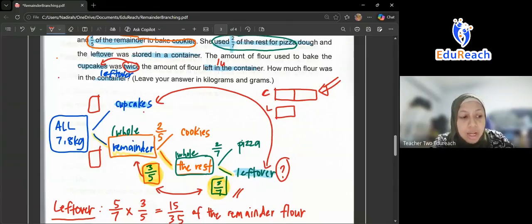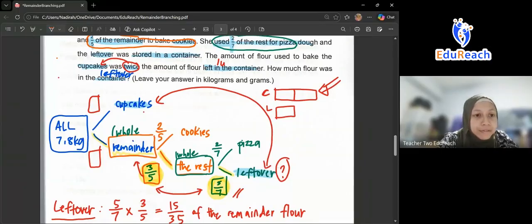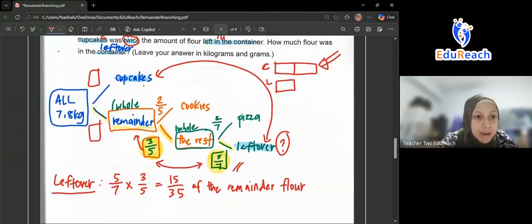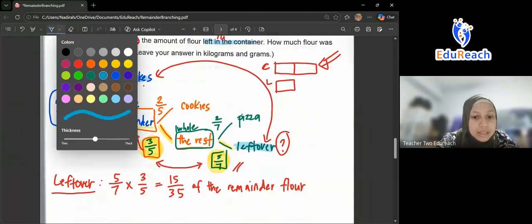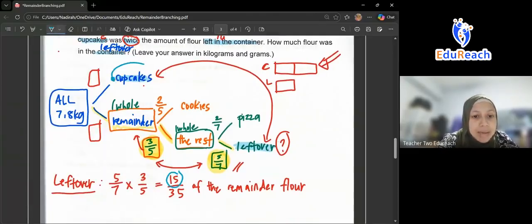So the leftover is 15 out of 35. Remember earlier we said cupcakes is 2 units, is twice. So the cupcakes would be 2 times of the leftover, like this.